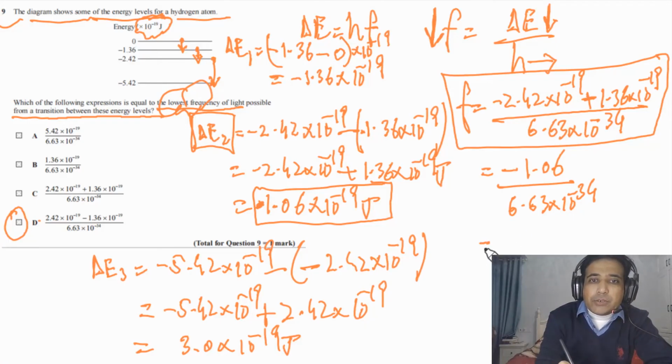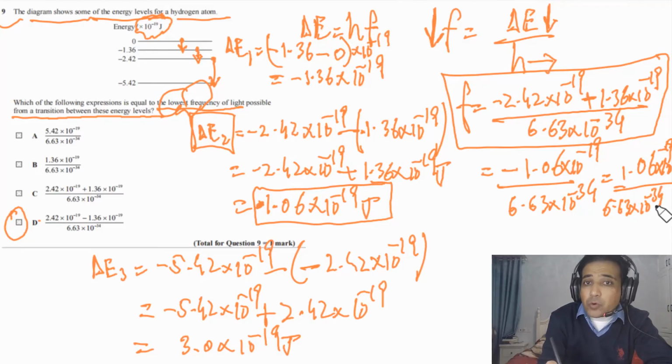So I can also simply write this as 1.06 times 10 to the minus 19, because this factor is there, divided by Planck's constant, 6.63 times 10 to the minus 34.